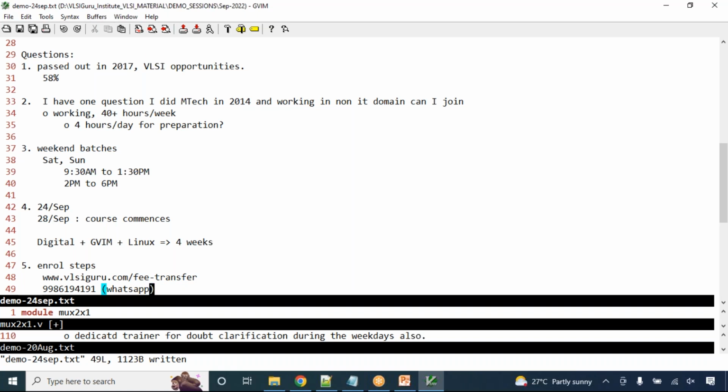Sir, after completing the course, for how many months can we access the tools and lab materials? Is there any restriction? Generally, when you enroll for the functional verification course, we'll give you one web login through which you will be able to access the tool even after the course completion.